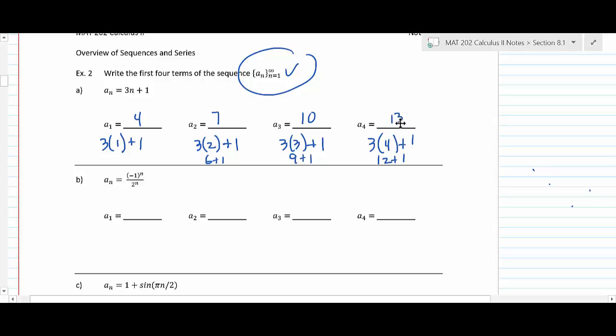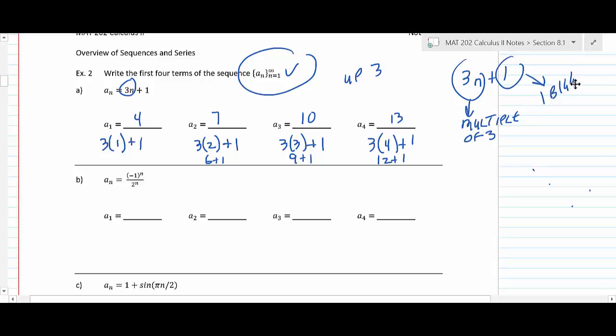Okay? And if you look at this, this is going up by 3, isn't it? Well, what made it go up by 3? The 3n did. Okay? So that's the idea. And the way I look at this is kind of a worthwhile thing to write down. That right there is a multiple of 3, and then that's 1 bigger. So when I look at this formula, I just think of 1 bigger than a multiple of 3.